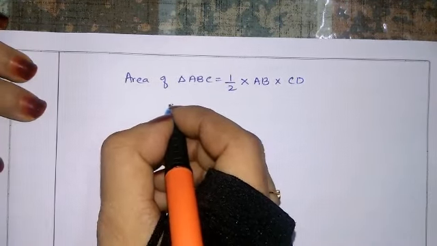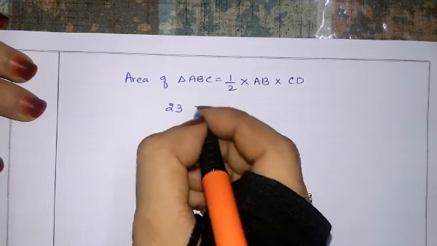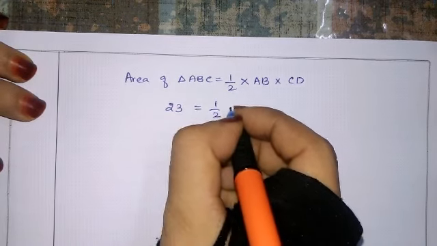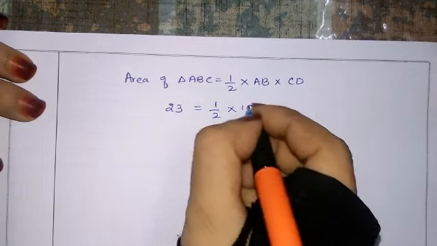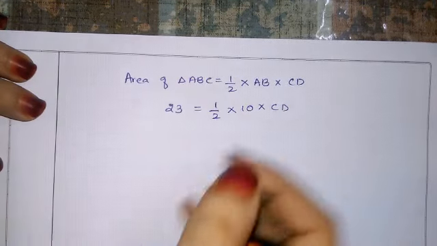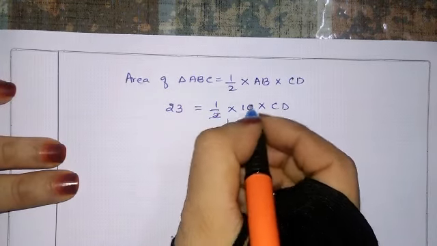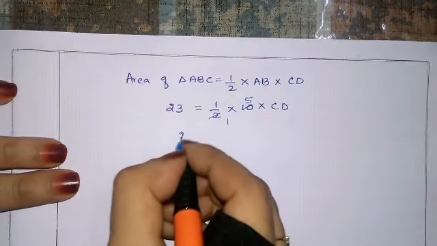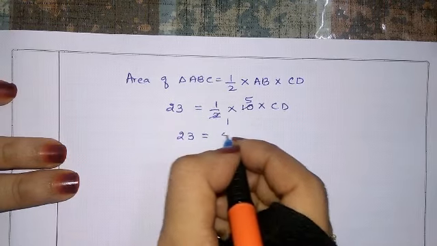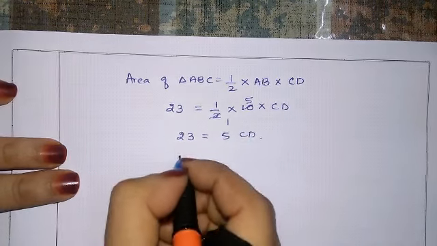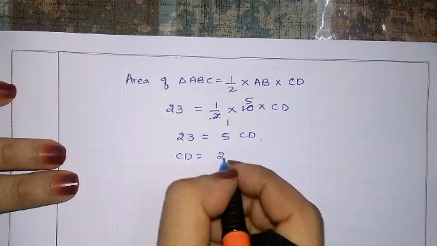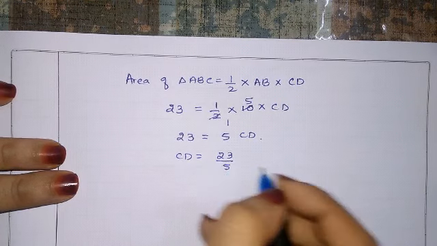Area of triangle we got 23. Just now we found half into AB 10 into CD. Now 2 1s are 2, 2 5s are 10. 23 is equal to 5 CD. CD is equal to 23 by 5.